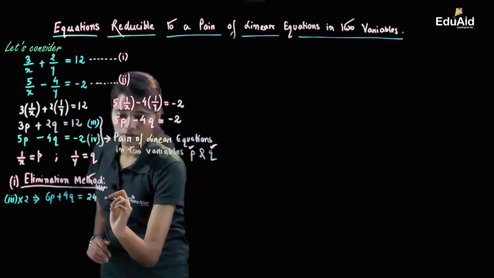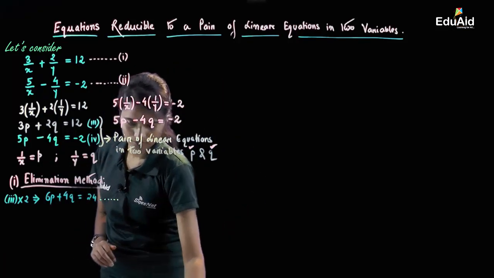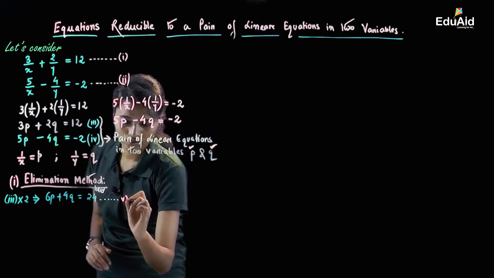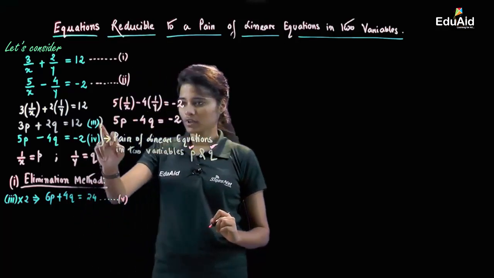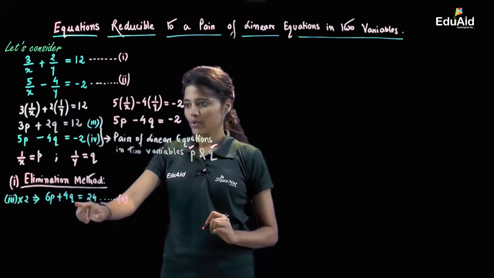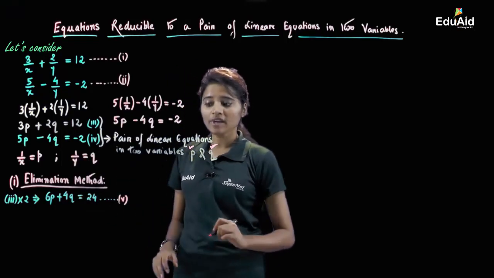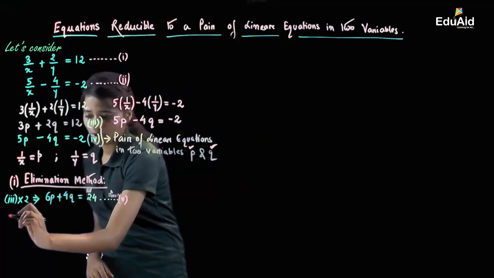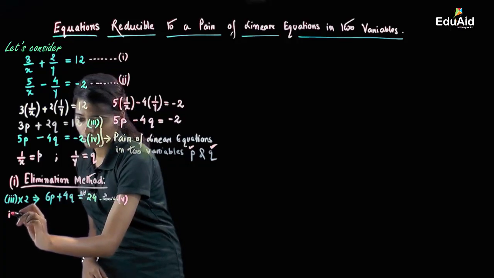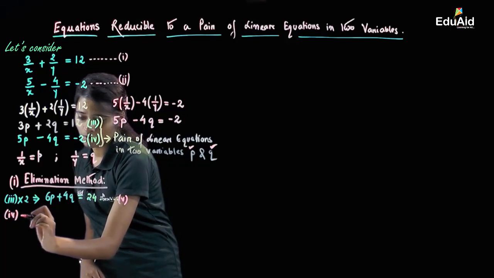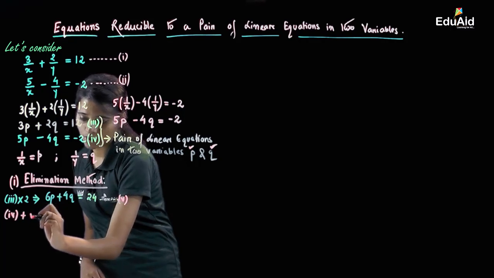Now see, if I denote this equation as number 5, compare 4 and 5: plus 4q, minus 4q. You simply add equation 4 and equation 5.